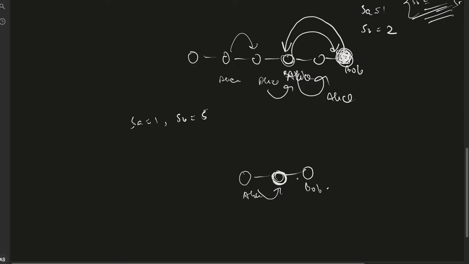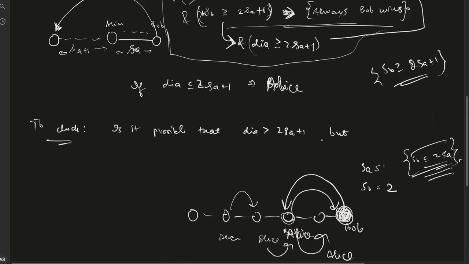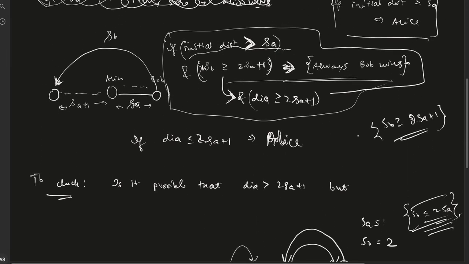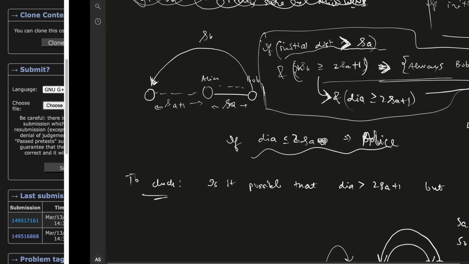What can Bob do? Nothing. So if the diameter of the tree itself is less than or equal to 2 times SA, even then Bob won't be able to win. Even then Alice will win. So only if all the conditions are satisfied does Bob win.